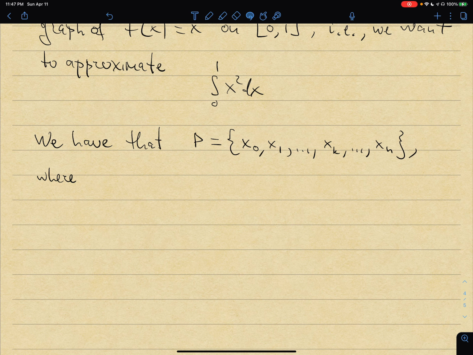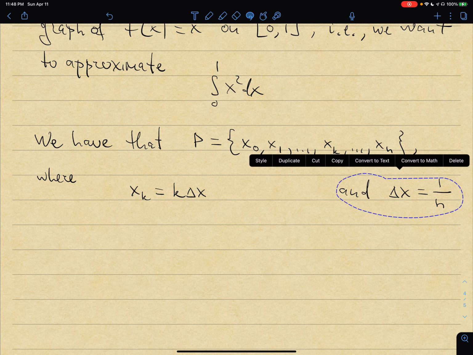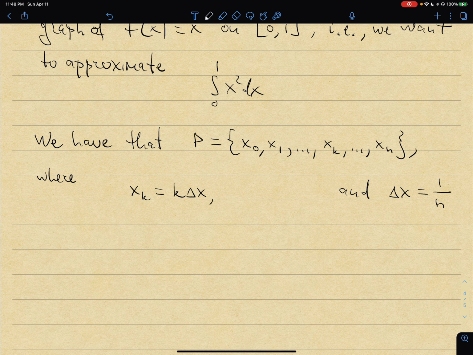So that means that xk in this partition is equal to k times delta x, and again delta x is equal to 1 over n, 1 over the number of intervals. And k, of course, ranges from 0 to n.